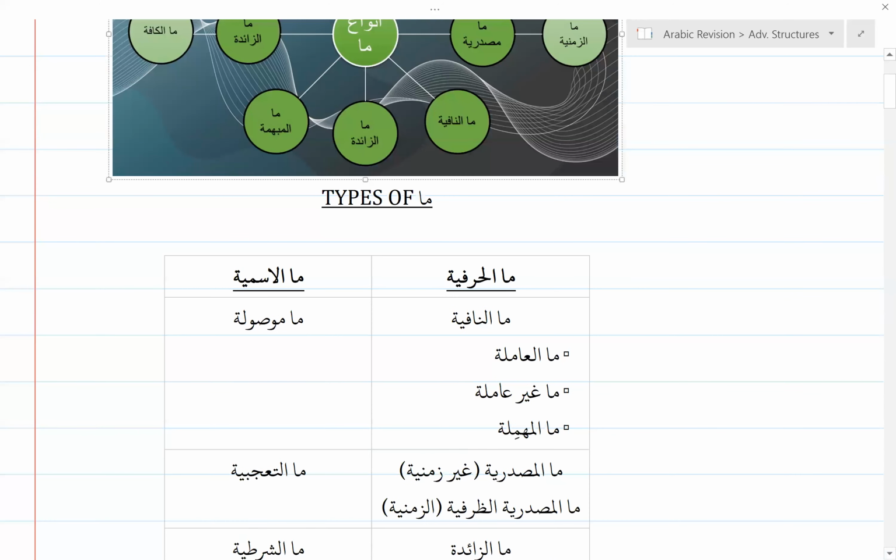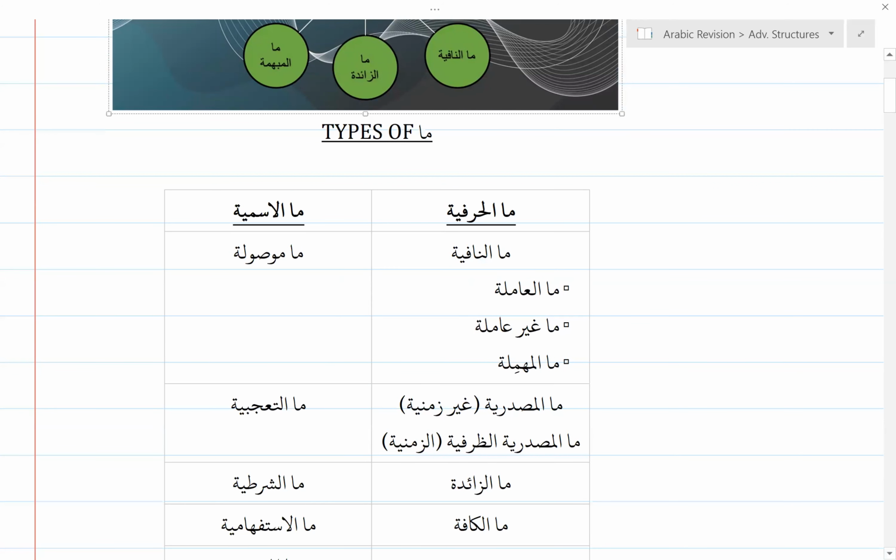All right. So the most important thing you need to understand about ma is that it can be ismiya, it can be harfiya. What that means is that the ma can be an ism, therefore it can have status, it can have type, it can have all the 4 properties of an ism, right? So it can behave like an ism, so you can call it a mubtada, you can call it a khabar, it can play different roles that the ism plays in a sentence.